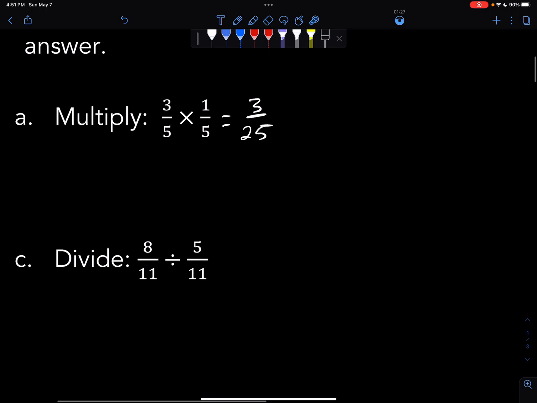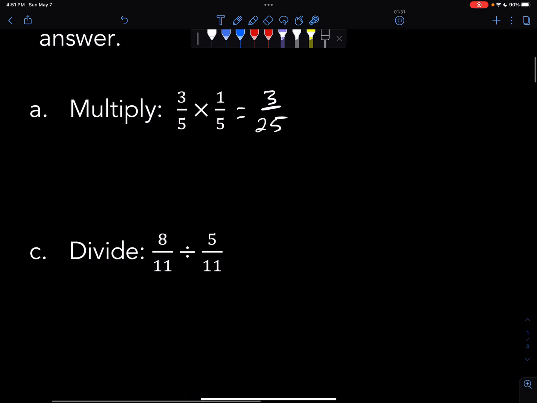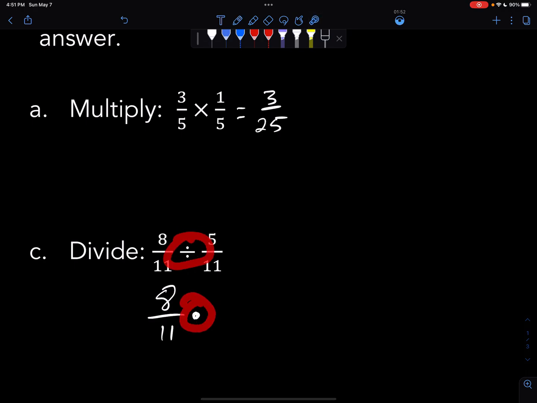Let's move on to C. Now we're dividing. So when we divide these, easiest way to do this is, you learned in middle school, copy, dot. So we're copying the first fraction, dot. So we change the division here to multiplication and then flip.